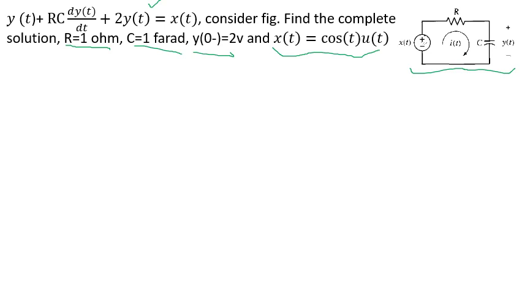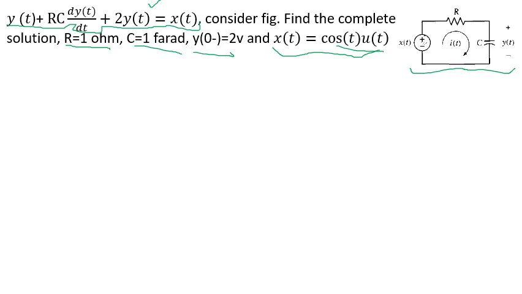So if we look at this one, if you recall the previous lecture, we have done the same example, right? So let's take some different values. The generalized homogeneous solution will have the same form because only the input and the initial conditions are different.